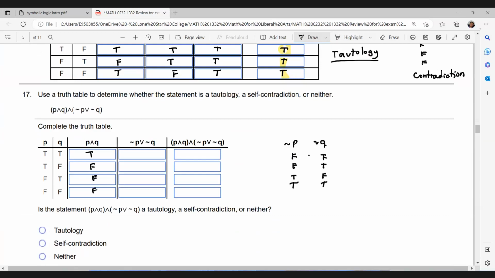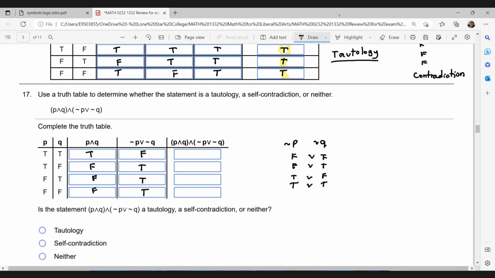And they want us to connect this with or. So the only way that this is going to be false is if both of the statements were false. So false, true, true, true.